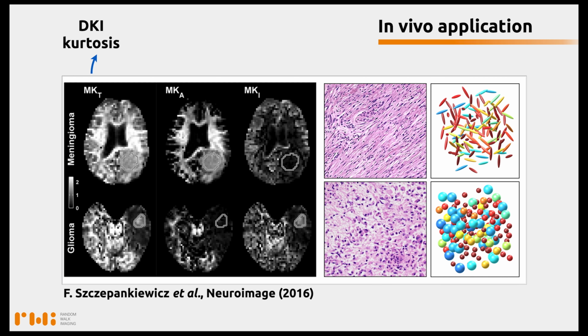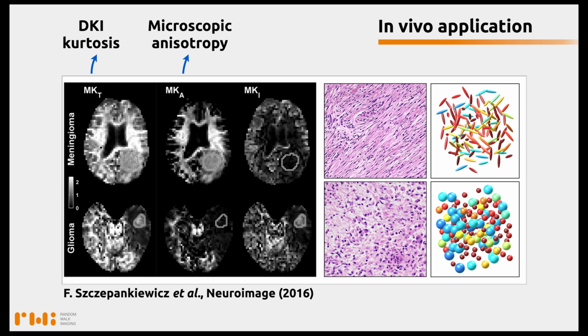But using linear and spherical encoding and other approaches that are enabled via multidimensional diffusion MRI, you can obtain new metrics. For example, here you have this anisotropic mean kurtosis, MKA, and this isotropic mean kurtosis, MKI. And the mean kurtosis anisotropic is sensitive to microscopic anisotropy and is specific to it.